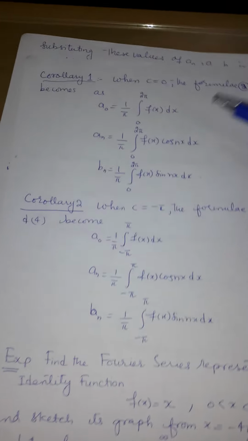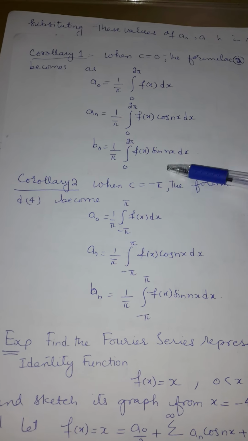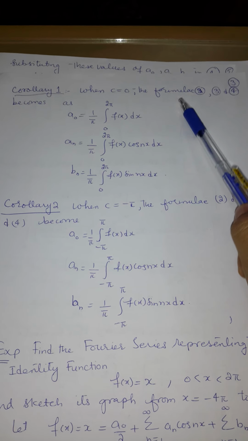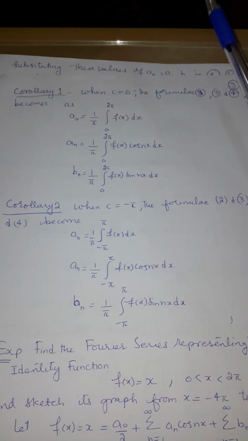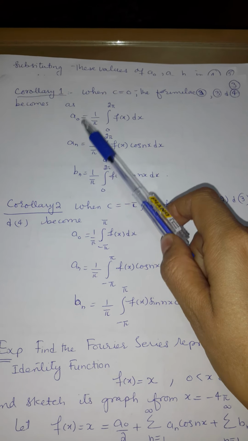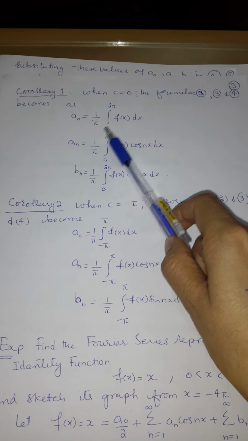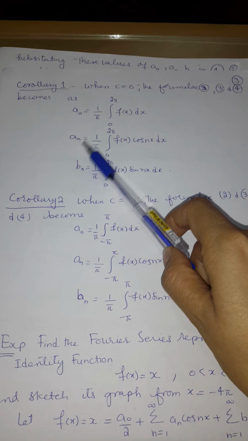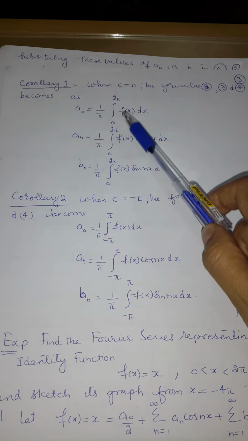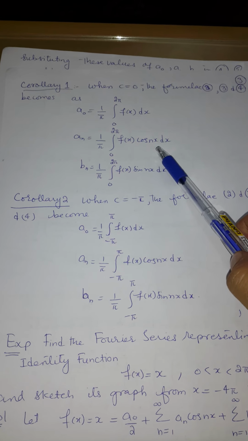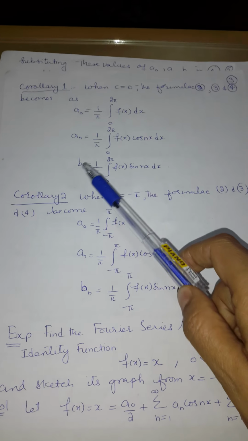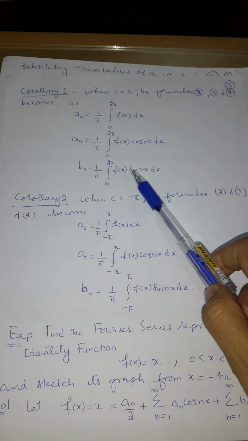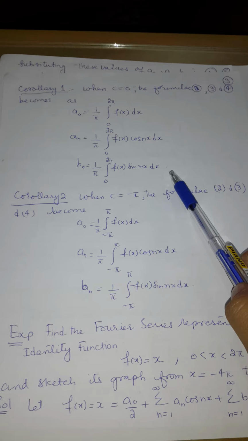Now we have some corollaries about this computational theorem. Here, when c is 0, the formula given on page number 2 will become a naught equal to 1 over pi integral from 0 to 2 pi of f of x dx, and an equal to 1 over pi integral from 0 to 2 pi of f of x cos nx with respect to x, and bn equal to 1 over pi integral from 0 to 2 pi of f of x sin nx dx.